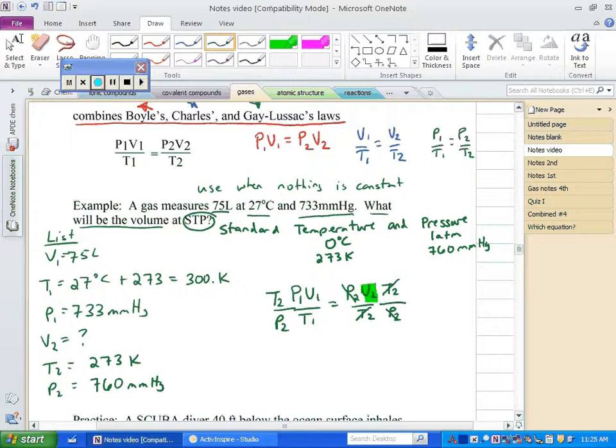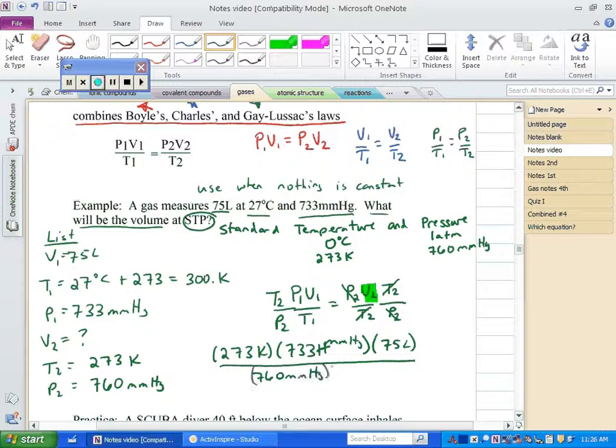And now we can plug in. 273 Kelvin times 733 millimeters of mercury times 75 liters divided by 760 millimeters of mercury and 300 Kelvin. So Kelvin cancels, millimeters of mercury cancels, so we're left with units of liters, which makes sense for volume.